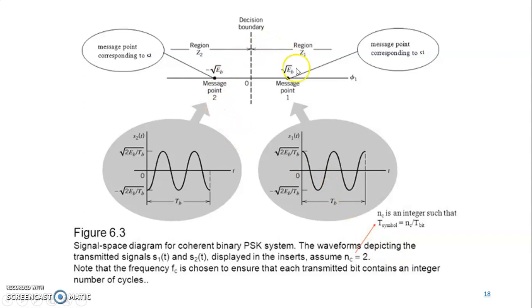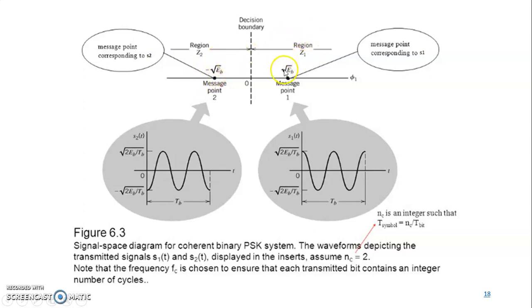So this we had seen in the previous lectures. This is the signal space diagram of the BPSK system. The region Z1 corresponds to the set of points closest to the message point root Tb. Then this region Z2 has the set of points closest to the message point minus root Tb.